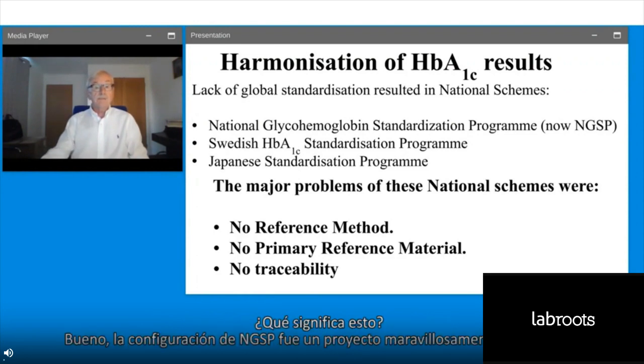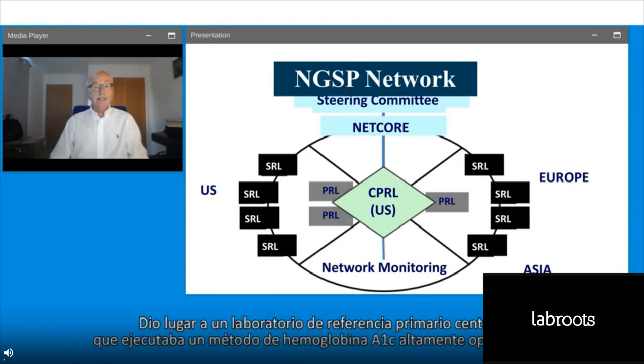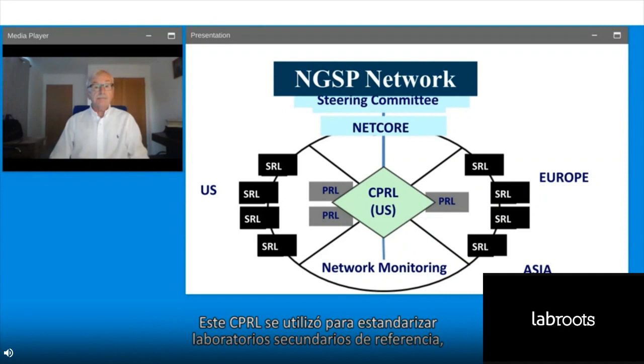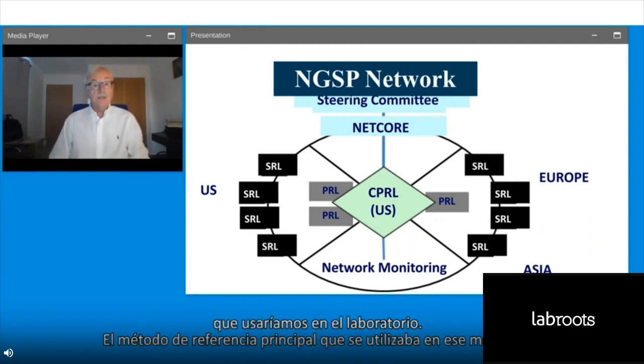What does this mean? Well, the NGSP setup was a wonderfully conceived project. It resulted in a core primary reference laboratory running a highly optimized hemoglobin A1C method. This CPRL was then used to standardize secondary reference laboratories. And the secondary reference laboratories were then used to calibrate routine methods that we would use in the laboratory.